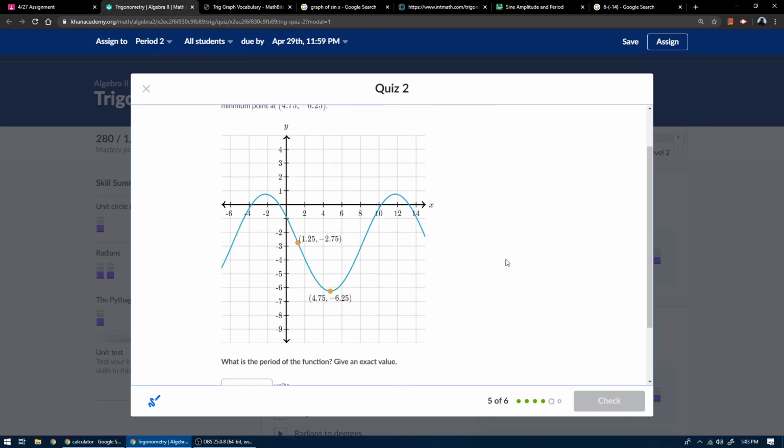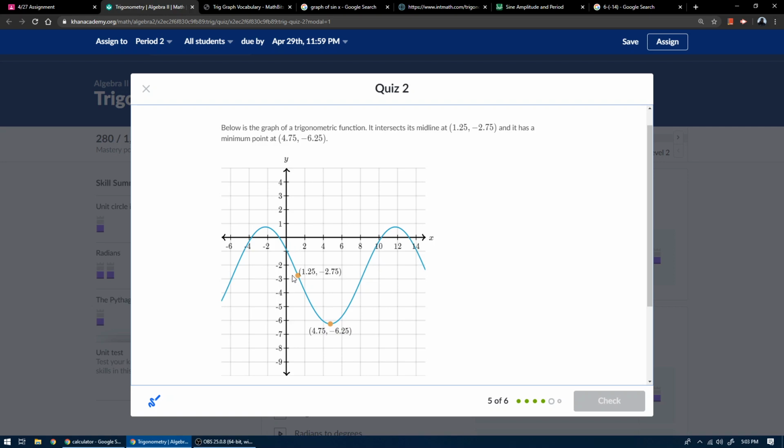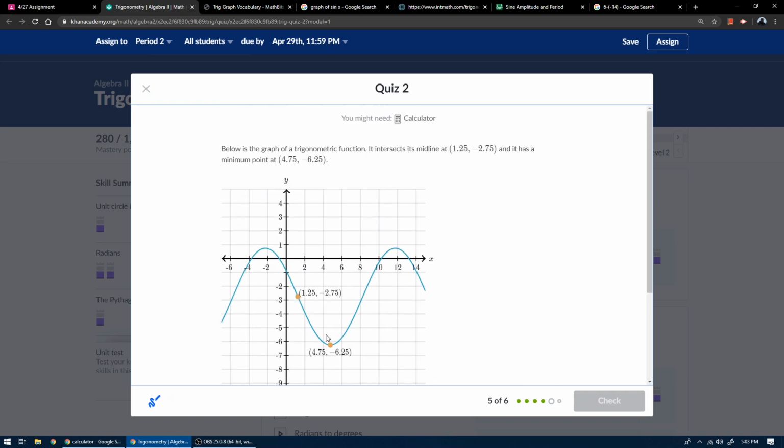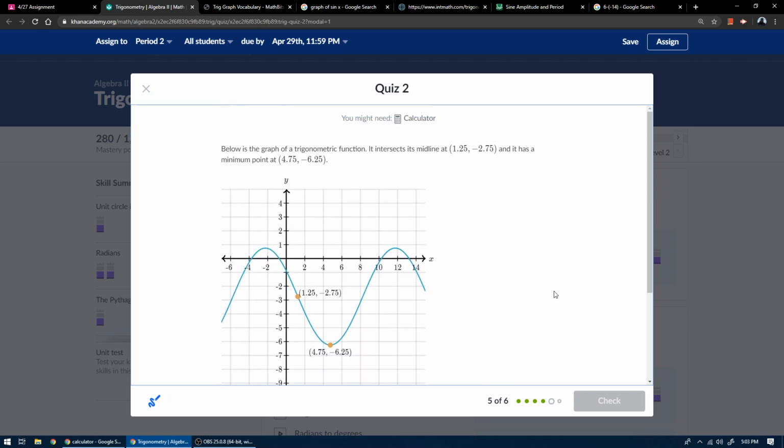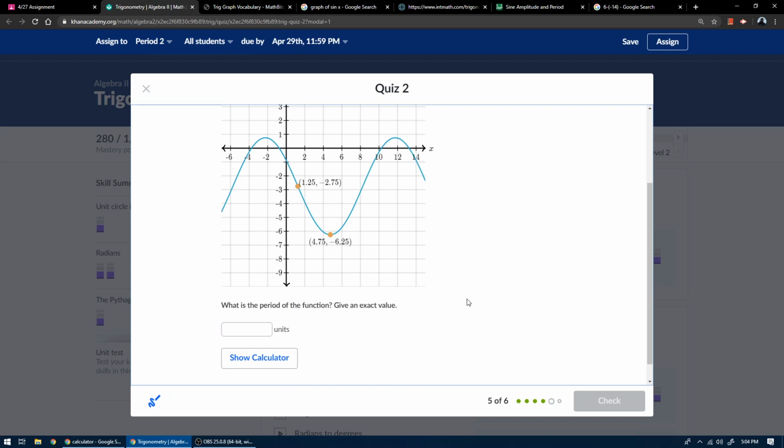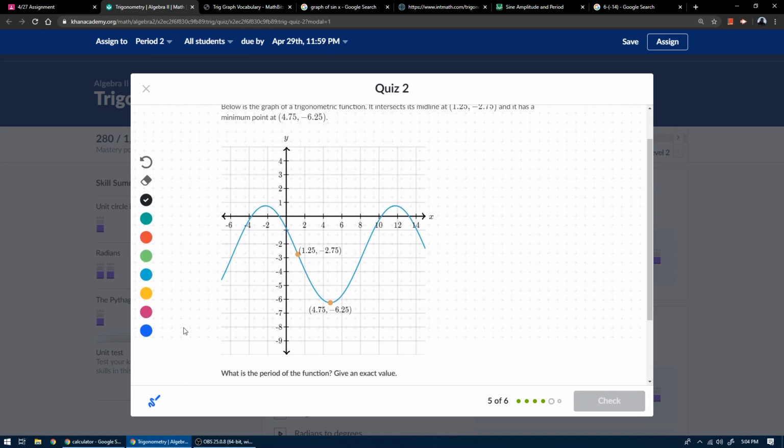What's the period of this function? So I see the midline is right here, and the low point is right here. This is kind of tricky to think about. So what you should be thinking about is, what's a full cycle?